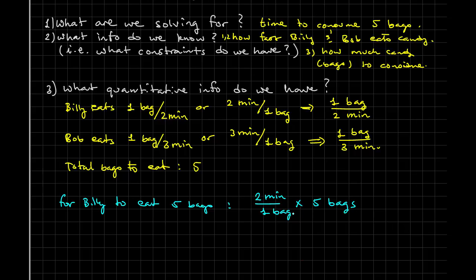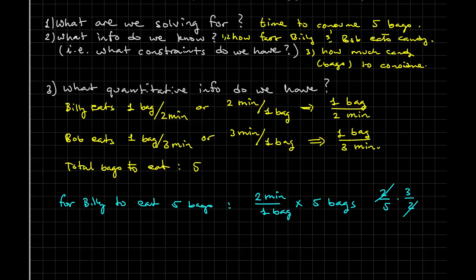And just like you can cross off common terms that are up in the numerator and in the denominator, like if I were going to say 2/5 times 3 halves, you can cross the 2 and the 2 off because we're really doing 2 divided by 2, right? You can do the same thing with units. So here we have bags.